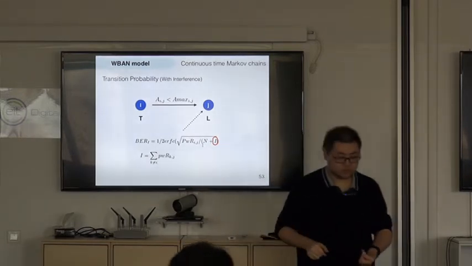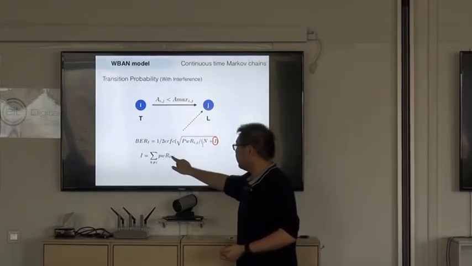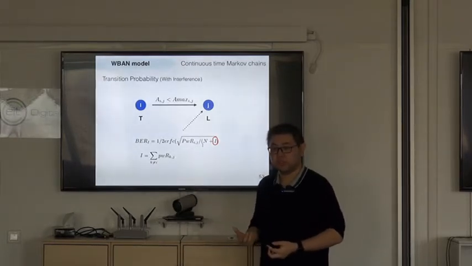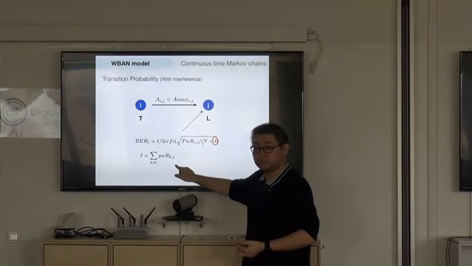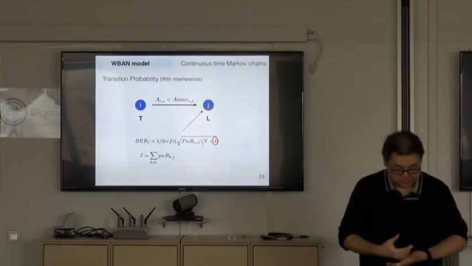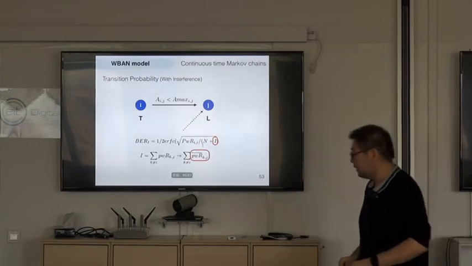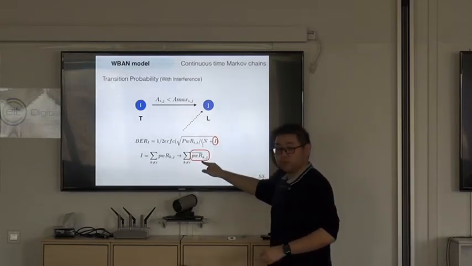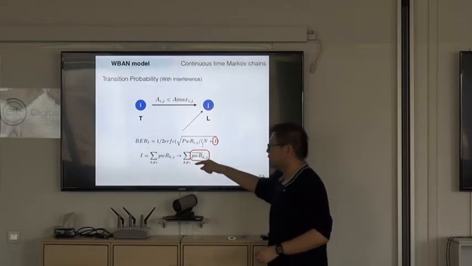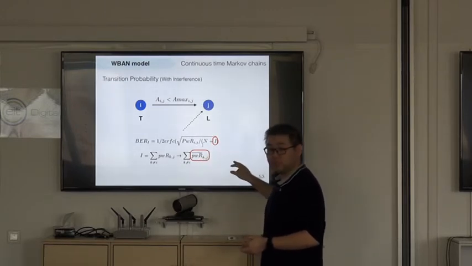In this formula, the receiving power is random, according to the random channel attenuations between nodes K and J. So there are a lot of random numbers, and we want to estimate this value by the average receiving power, which is the transmission power minus the attenuation.